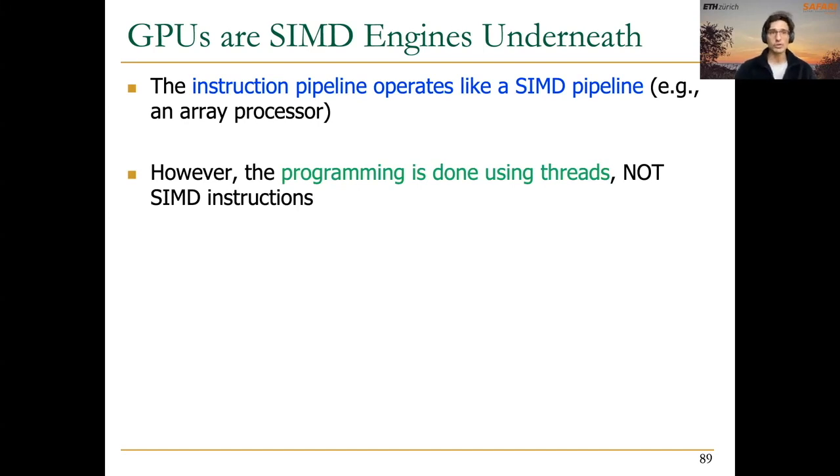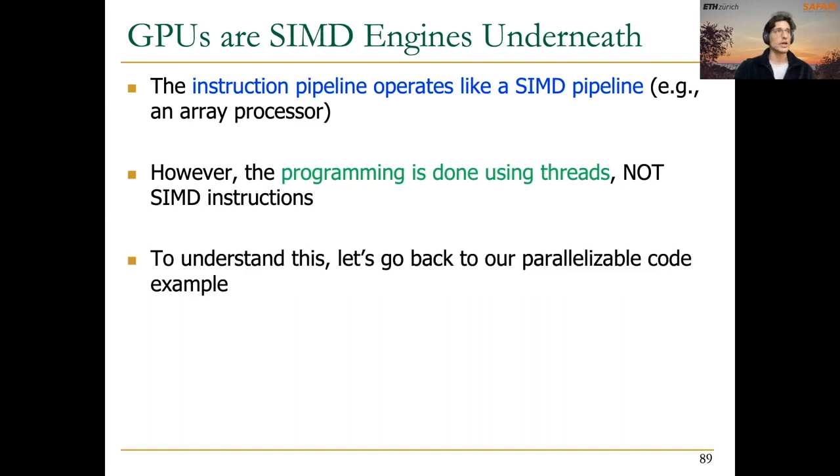The key difference with respect to SIMD engines is not only that GPUs use fine-grained multithreading, but also the way that we program them. We are not going to use vector or SIMD instructions here anymore. We are going to program in a much easier way, using threads. You will quickly understand this.